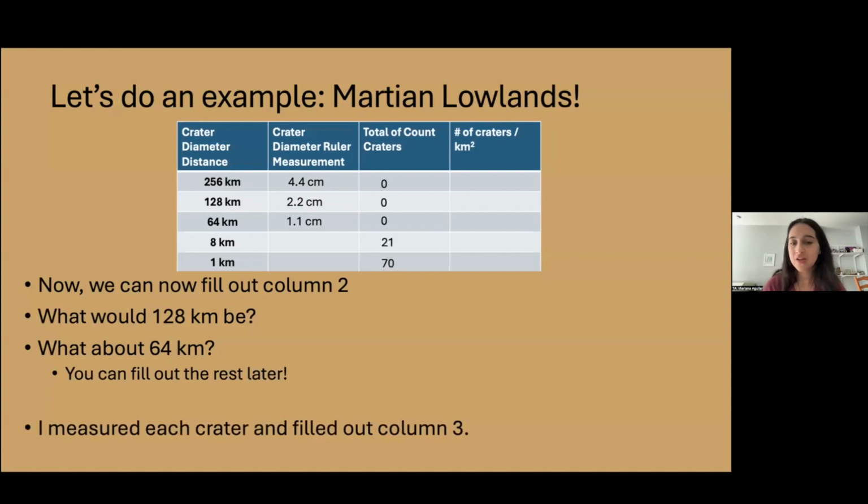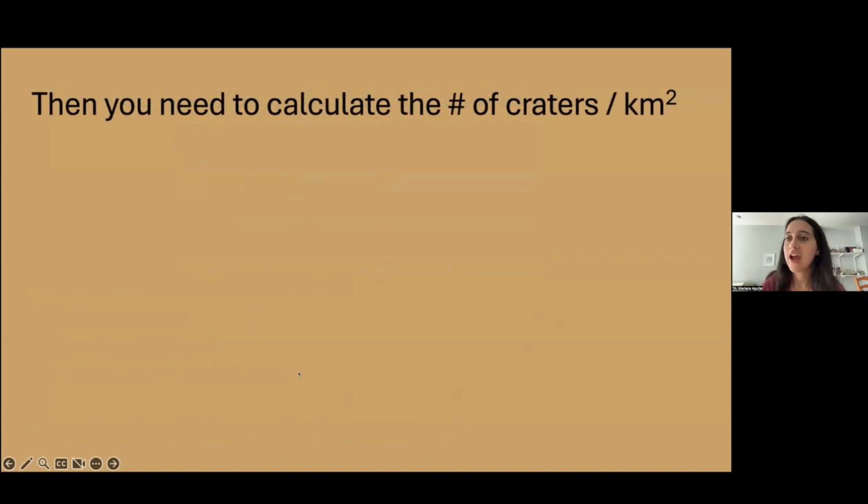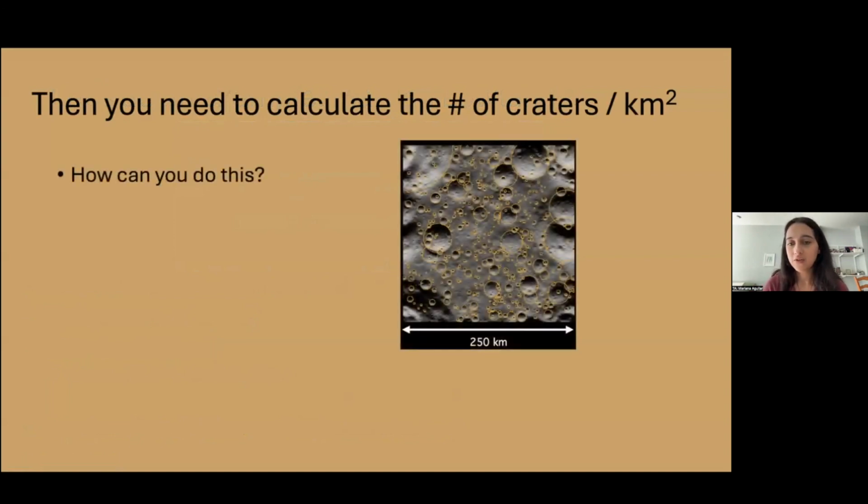And so I measured each crater in the previous picture of the 91 craters that I counted, and I put them in the groups that I thought they were in. So I counted 21 craters that were around 8 kilometers and 70 that were around 1 kilometer. So now we need to calculate how many craters there are per kilometer squared. So how can you do this?